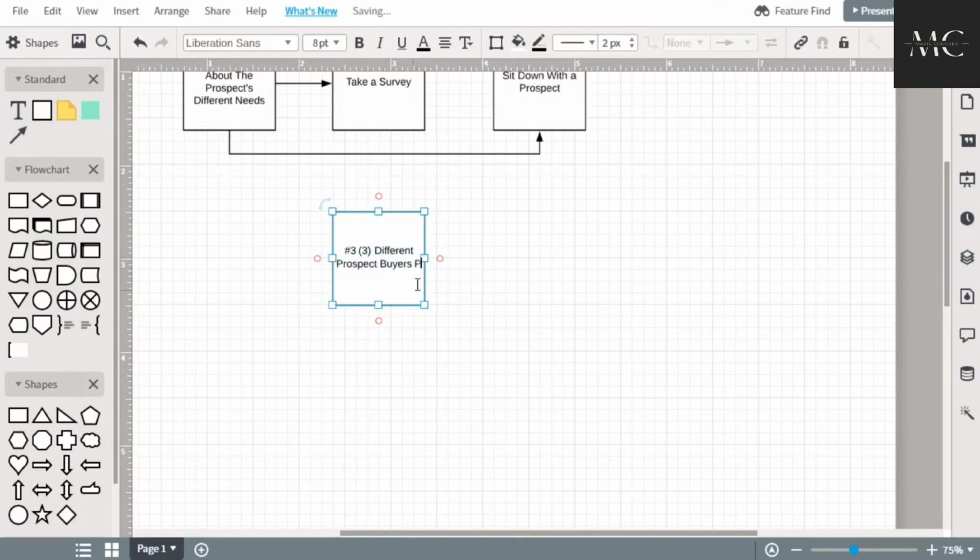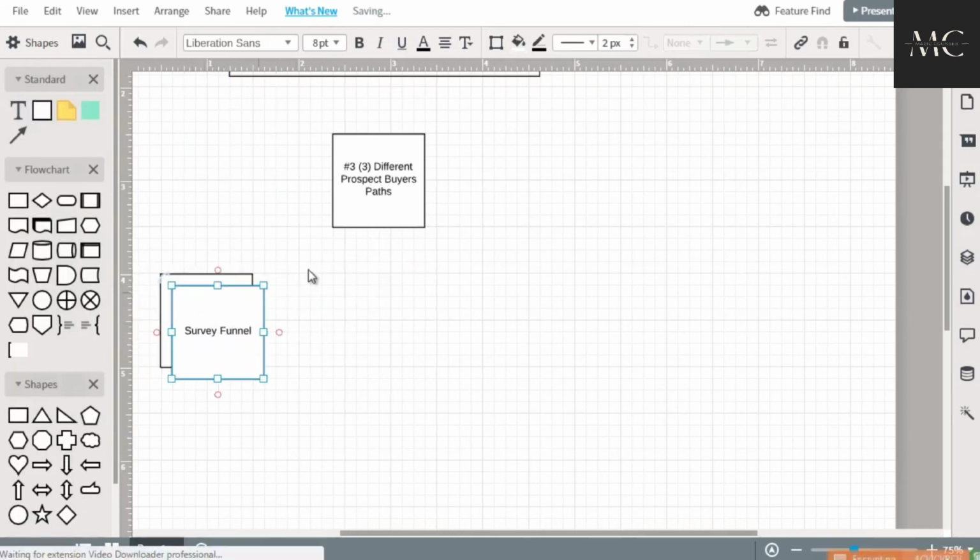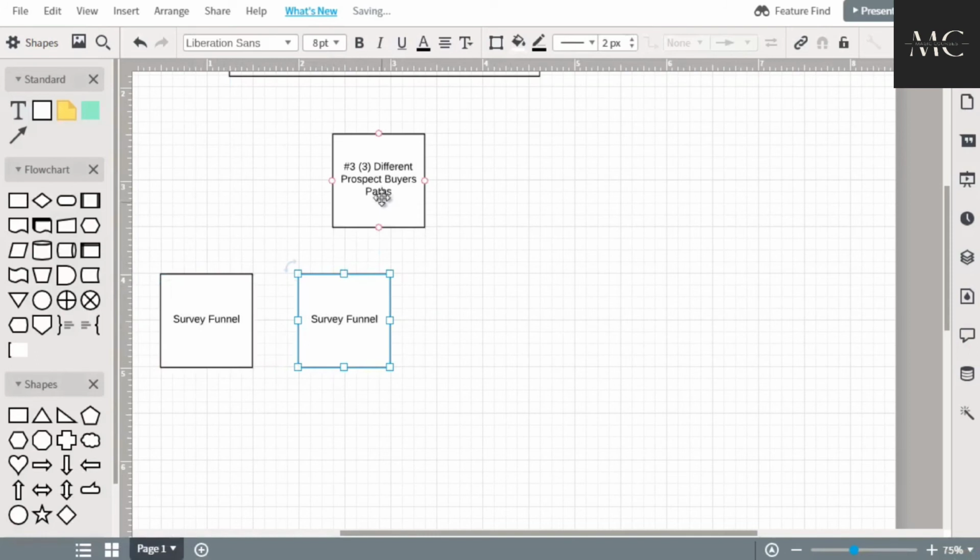And we'll call these pathways or paths. So there are 3 different paths. So here is where we start the funnel. We'll call this the survey funnel, and there are going to be 3 different paths.